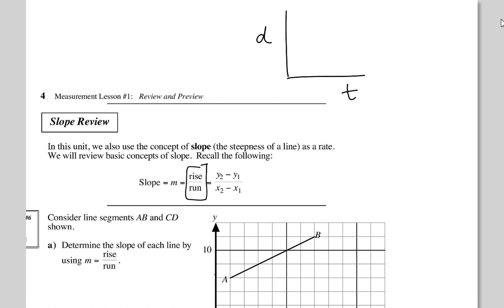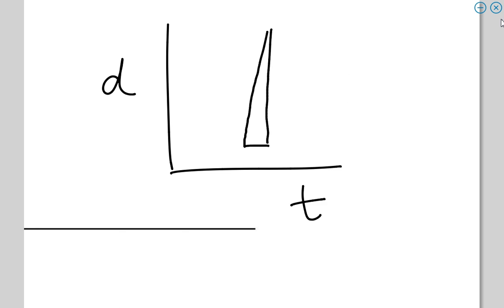Let's say that you cover a huge distance in a really short amount of time. How steep is this line? Pretty steep. Why? In a really short amount of time, you covered a lot of distance.